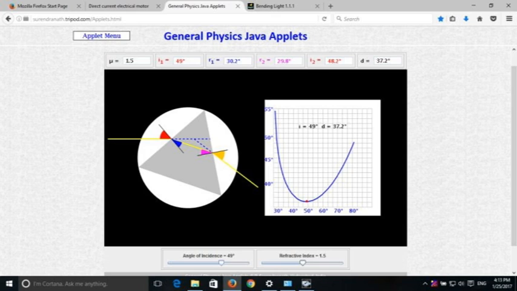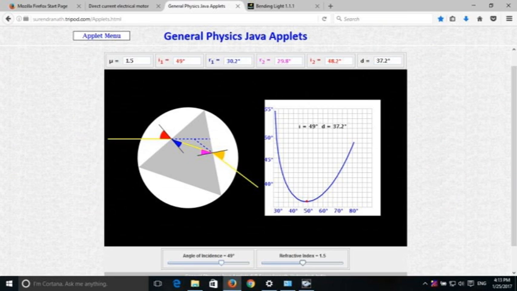When you need to find out the refractive index of the material with which this prism is made, you have a formula: mu is equal to sine of (A plus D) by 2 over sine of A by 2. A is the angle of the prism, which you can determine very easily, but what we need to get here is the angle of deviation. The angle of deviation changes as you change the angle of incidence.